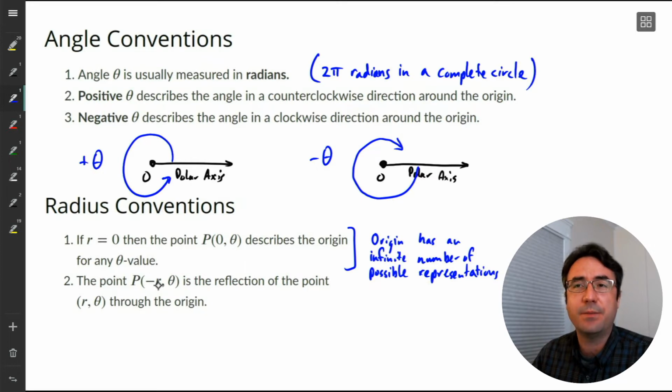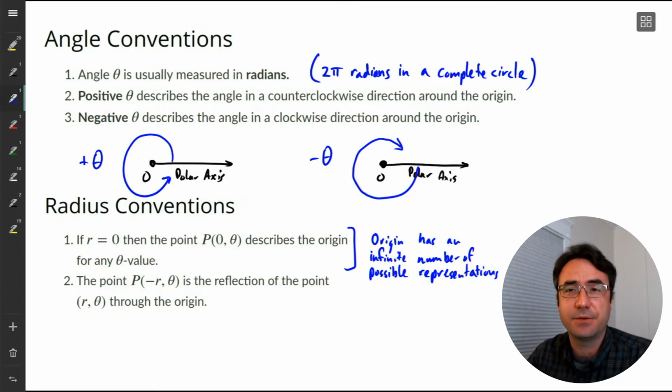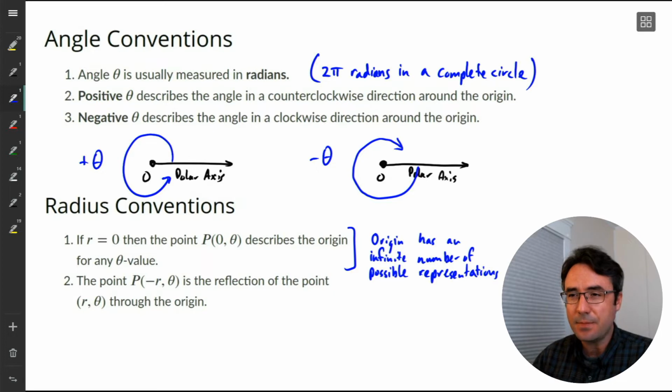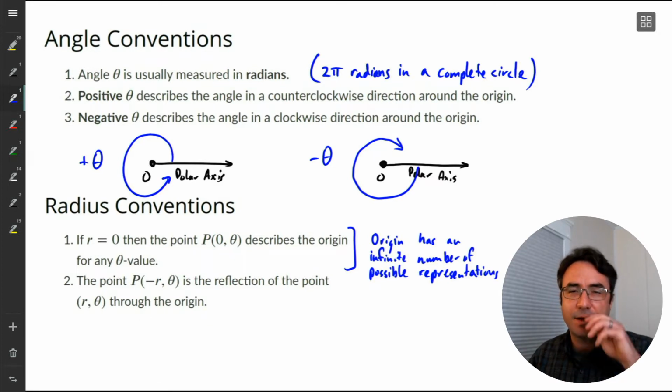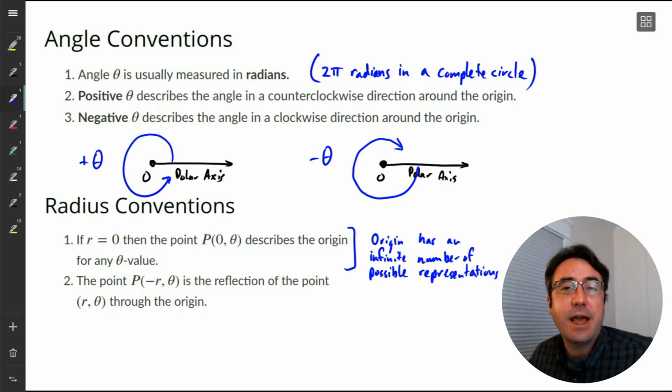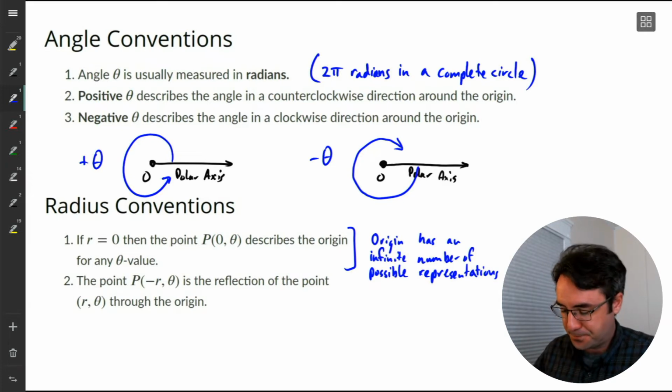We want to be able to allow negative r values in some cases. The way to think of this is, if we negate the r value, we're really reflecting our point through the origin. So this gives us a way to think of having a negative r value in our point description.